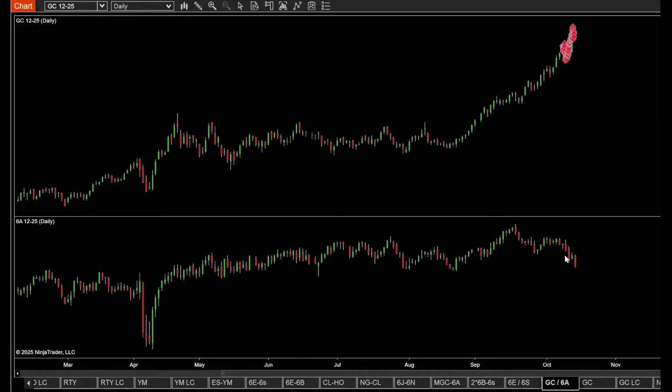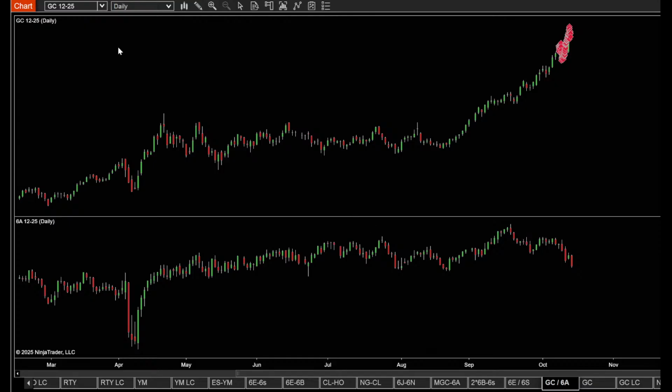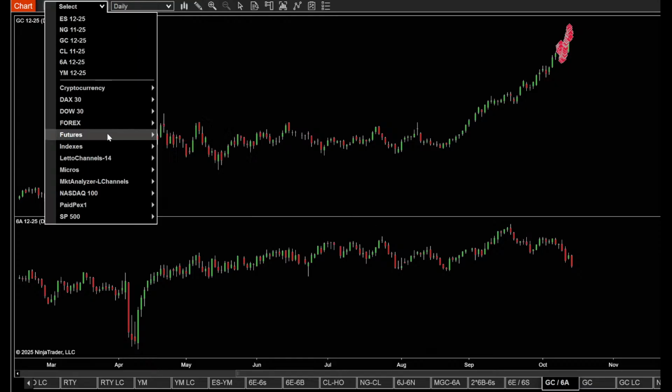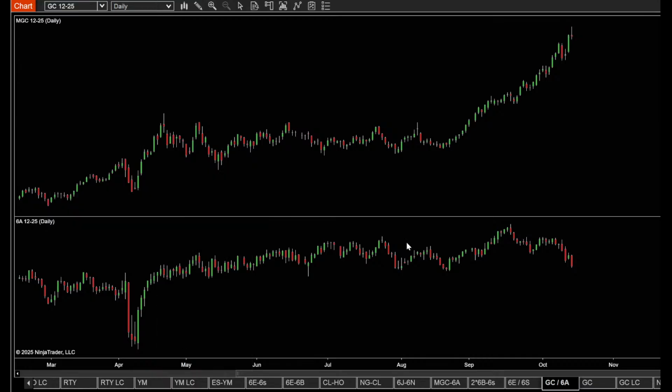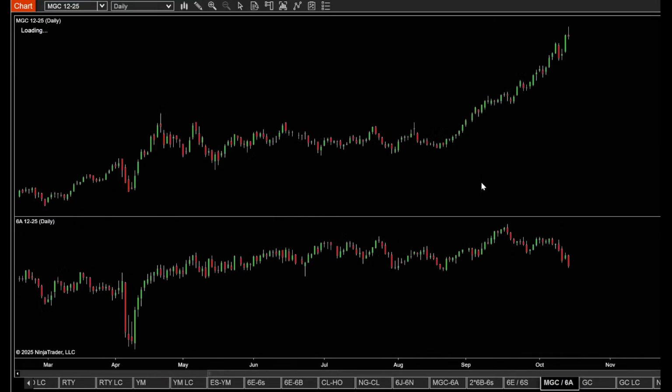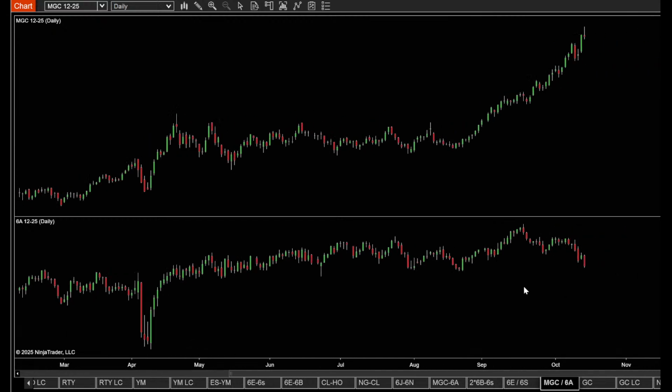For some reason, perhaps interest rate changes or other macroeconomic reasons, the Australian dollar has gone on a downward trajectory while gold has just rallied like crazy. So be warned, this is kind of broken in its step. Let's switch over to micro gold futures. We want to go to micro. Why can't I find it? There it is. So for some reason it has broken its correlation, so we do want to be wary of that.